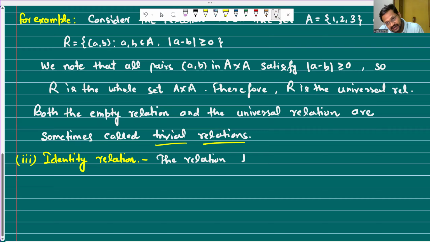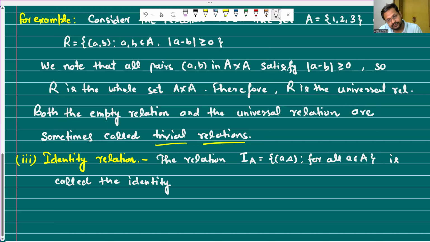We notate it as I_A, meaning the identity relation on the set A. So we have all the pairs this way: a is related to a for all a in A. Every element relates only to itself, this is only it. That is called the identity relation on the set A. Clear?